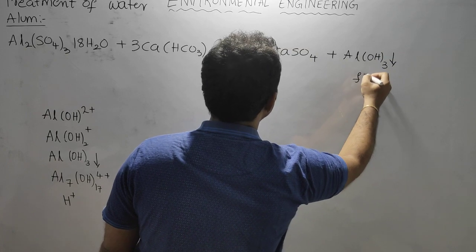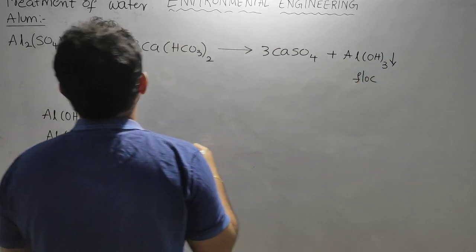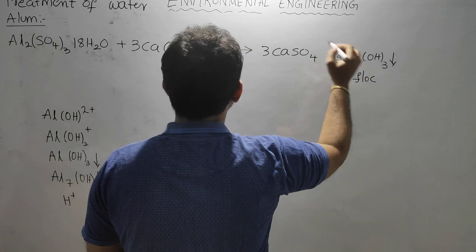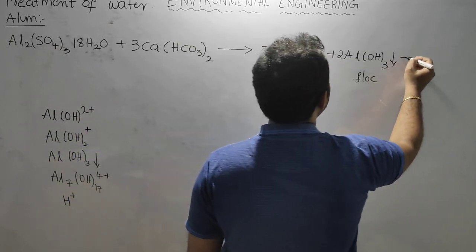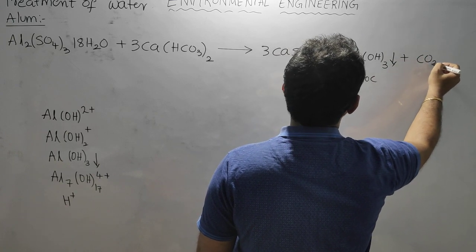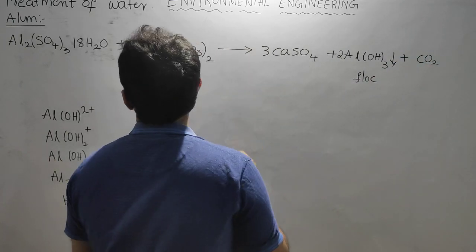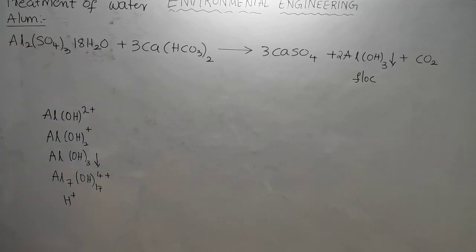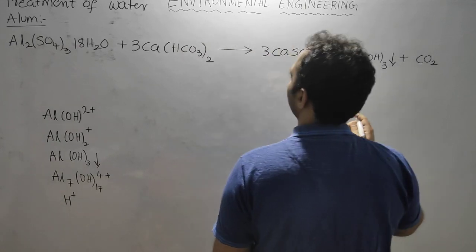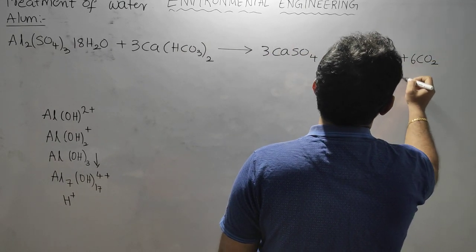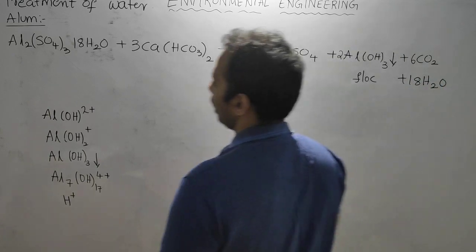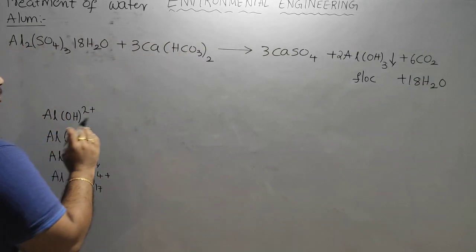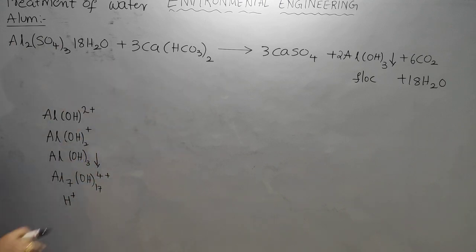This is called flock. Along with 6CO2 plus 18H2O. So this is the reaction after addition of alum in the presence of alkalinity. That is the reaction that will form.